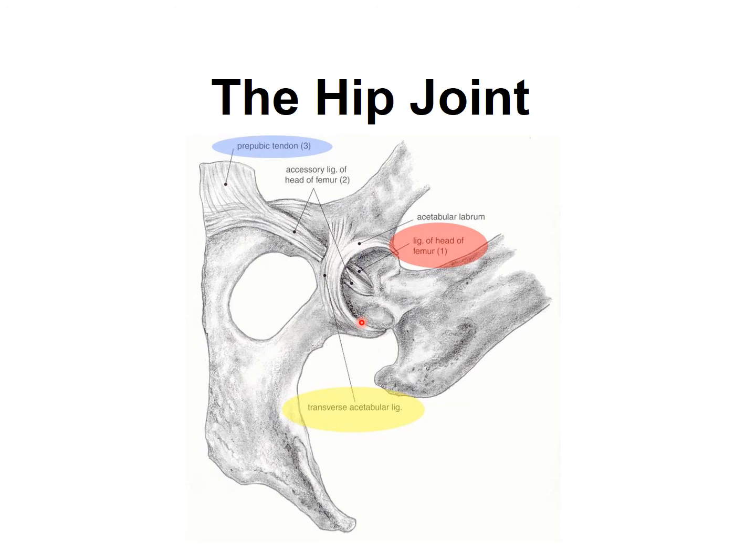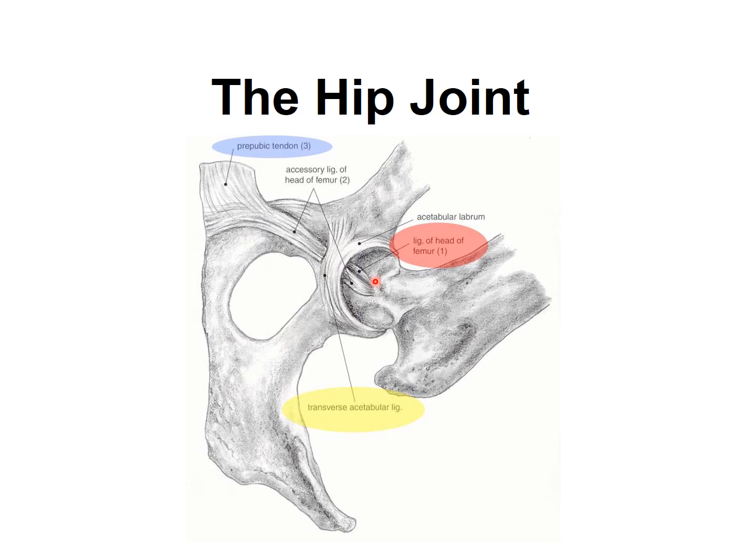So number one is the accessory ligament of the head of the femur, which is coming from the prepubic tendon of the abdominal muscles and inserts on the fovea of the head of the femur. This is number one. So its direction is from the abdominal muscle toward the head of the femur. The other one is the ligament of the head of the femur.